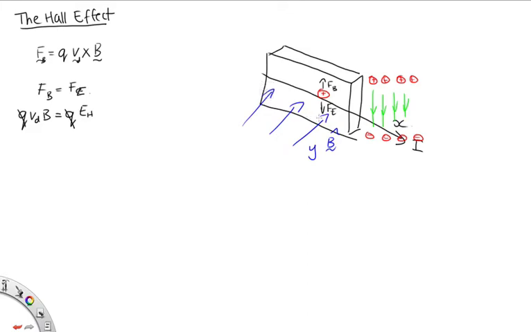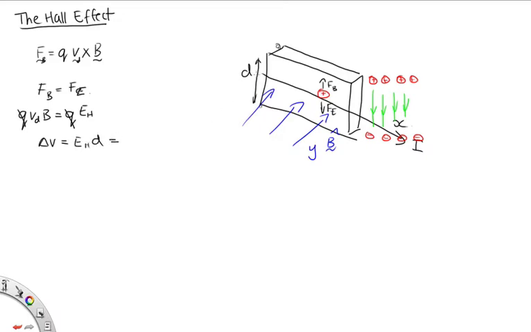Now, what we actually measure in things such as this magnetic field sensor is the voltage difference between the top and the bottom of the metal slab. So let's call this a distance d. We know that the potential difference between 2 points is the electric field times the distance.